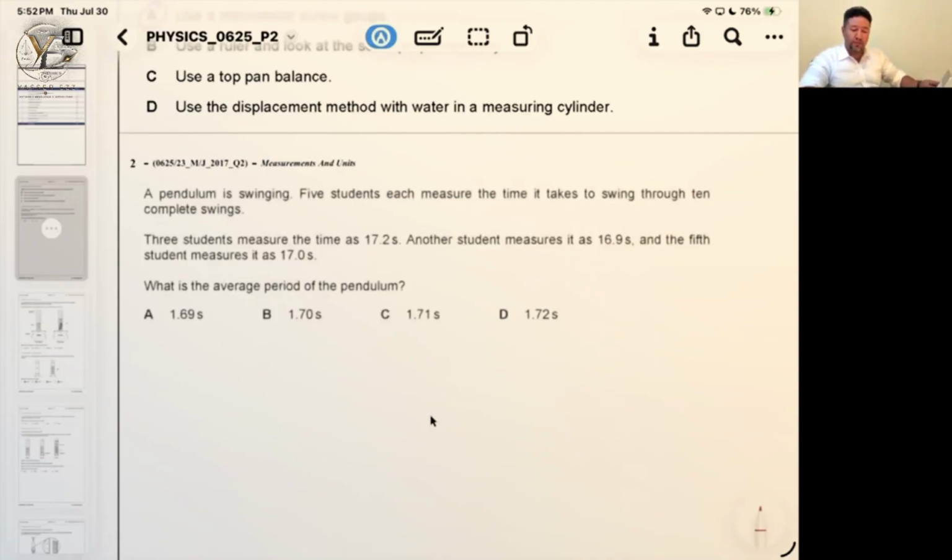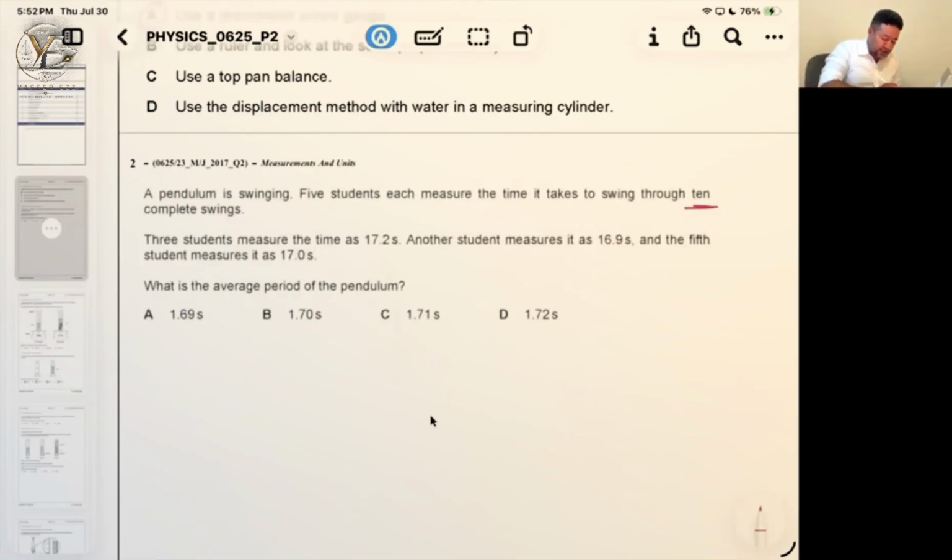The period of the pendulum is the time taken by the pendulum to make one complete oscillation. And they made, I think, 20 oscillations or what? 5 students each measure the time it takes to swing through 10 complete oscillations. Sorry, not 20, 10 complete oscillations.